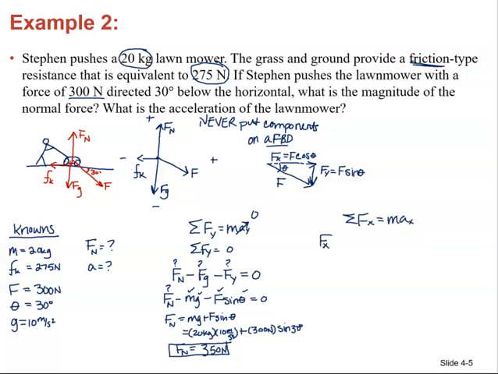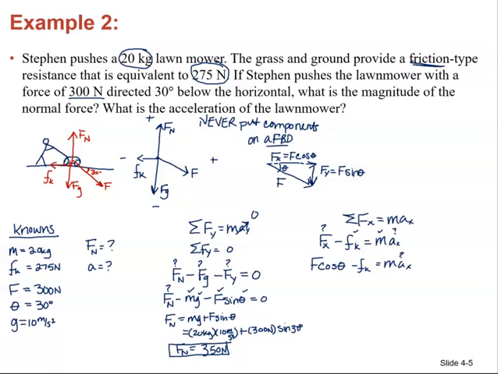Kinetic friction is pointed in the negative direction, and it's going to equal mass times the horizontal acceleration. So we are looking for acceleration. We know mass, we know friction, we do not know the horizontal component of our force. So we have to substitute our component. So it's going to be F cosine theta minus friction equals ma.